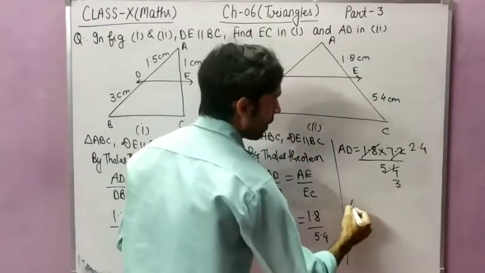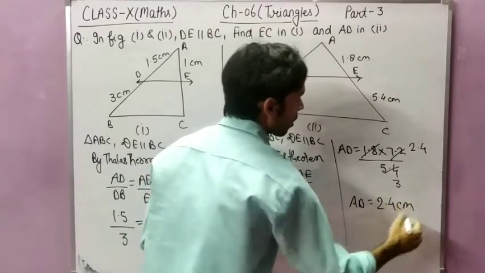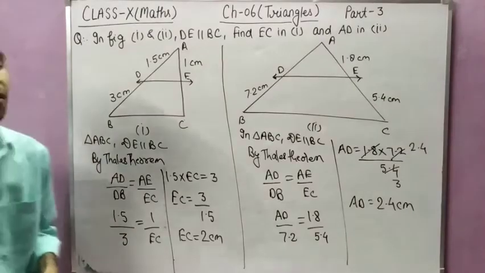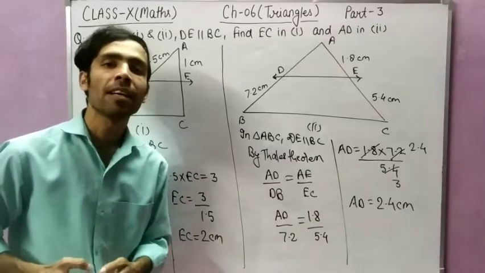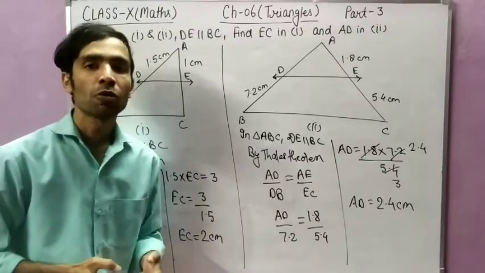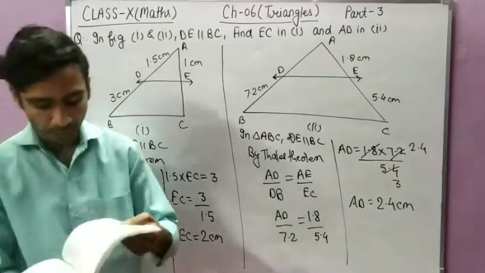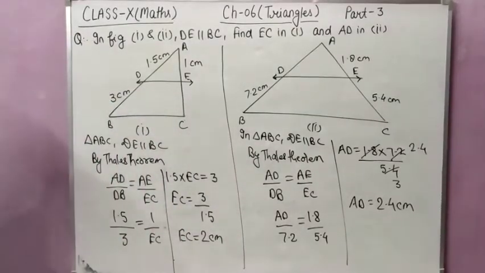So the value of AD will come 2.4 centimeter. So in the first case EC was 2 centimeter, and in the second case AD was 2.4 centimeter. So in that way, student, you have to apply Thales theorem to find the solution of the given question. So I hope it is clear to you. Please note it down.